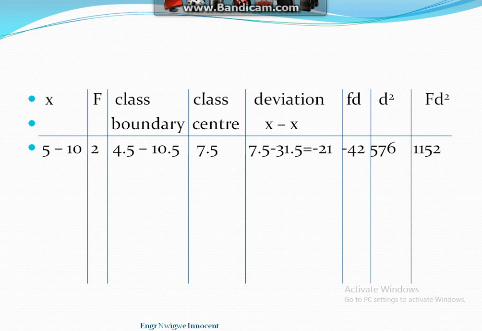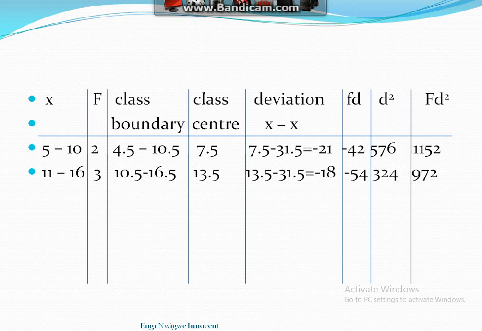The deviation squared will be 576, while the frequency times the deviation squared is 2 times 576, to give us 1152.